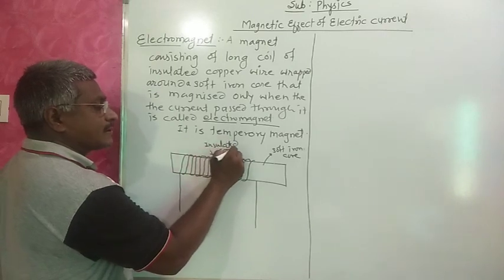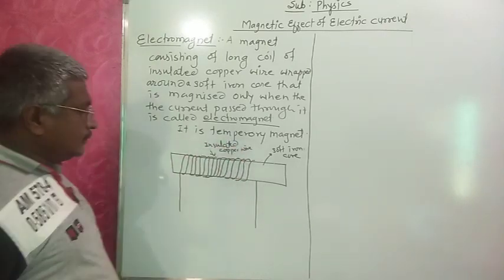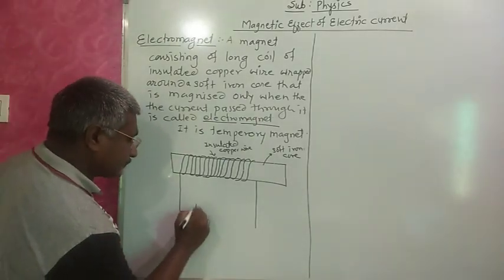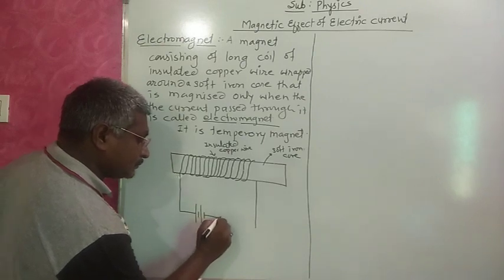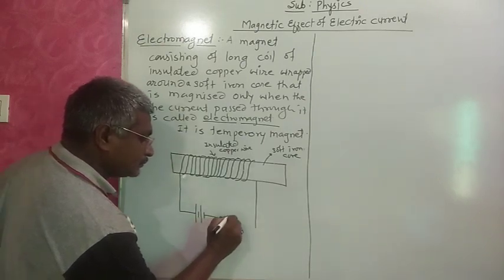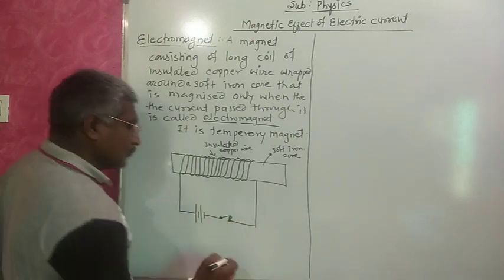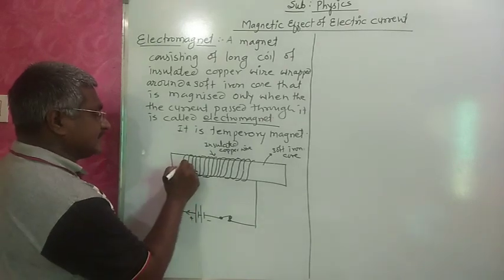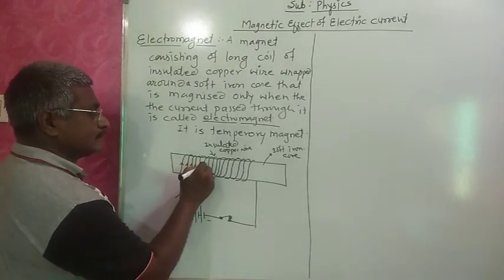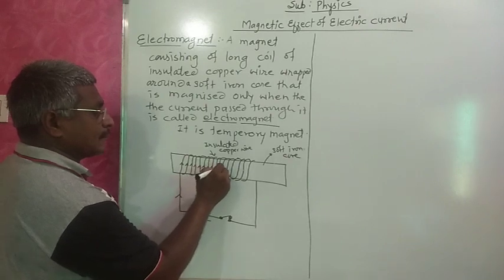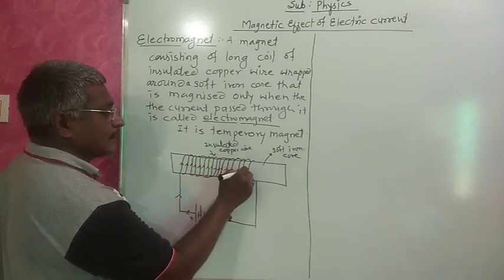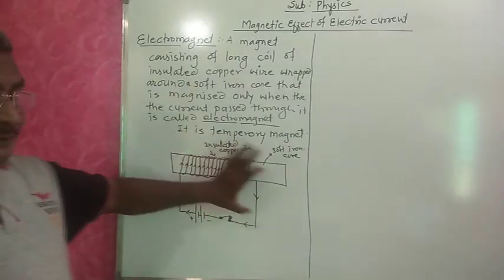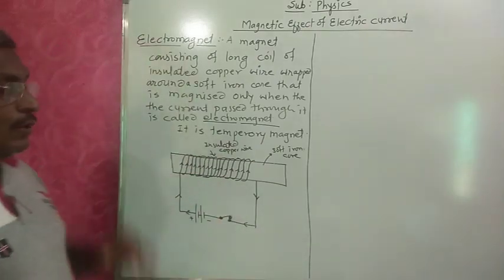When we pass the current through this coil, the current flows in the circuit and a magnetic field is produced around the coil.